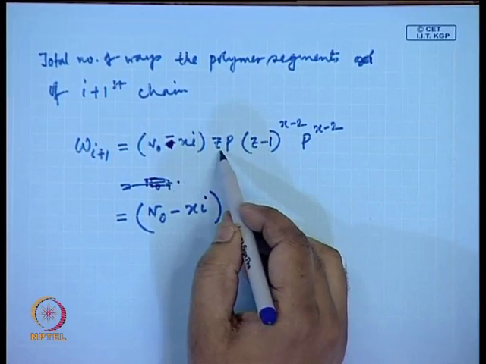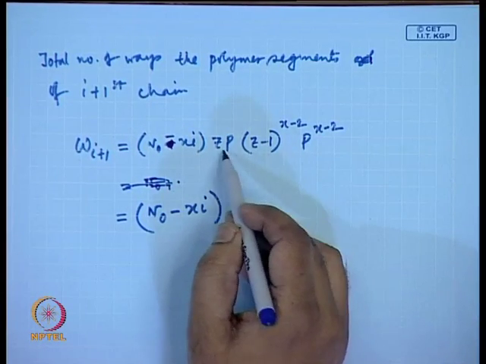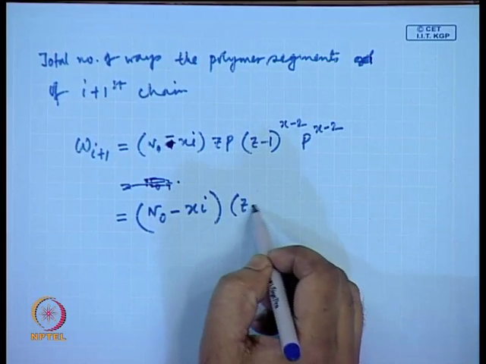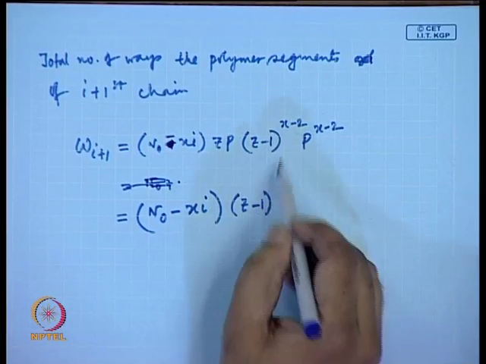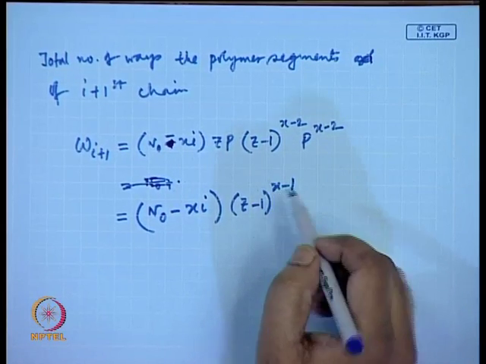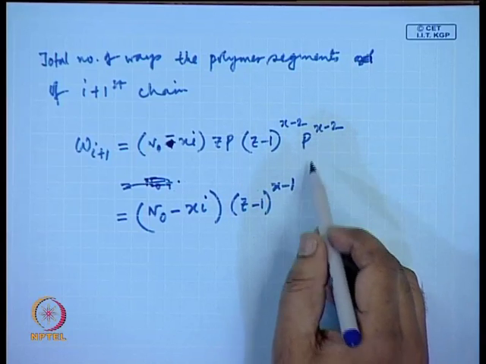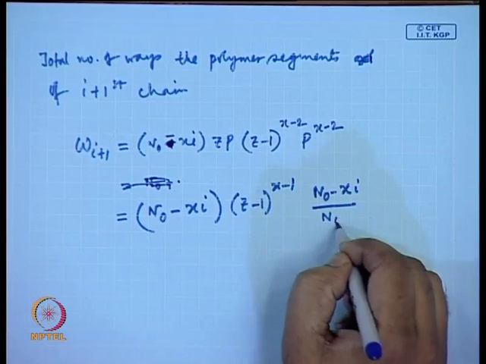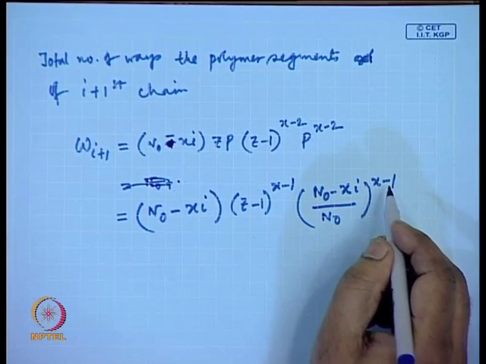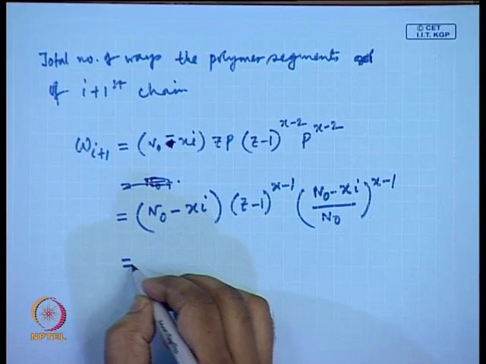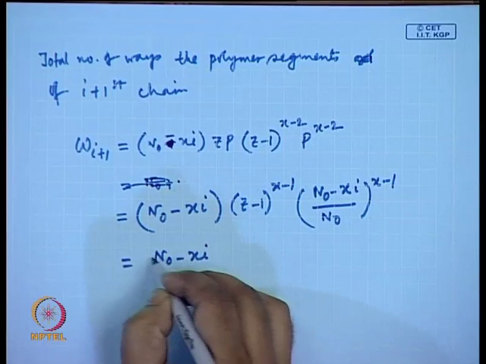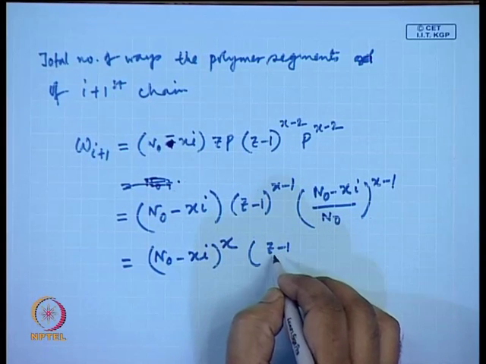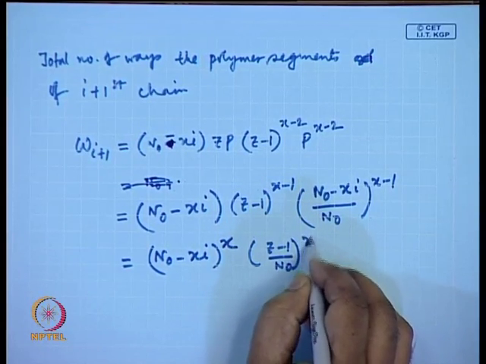Since Z is quite high, I can put Z equal to Z minus 1. So, I can make it Z minus 1 to the power x minus 2. That is x minus 1 and P to the power x minus 1, and we know P is n 0 minus x i by n 0. So I can rearrange it, bringing x i here, with x and Z minus 1 over n 0 to the power x minus 1.